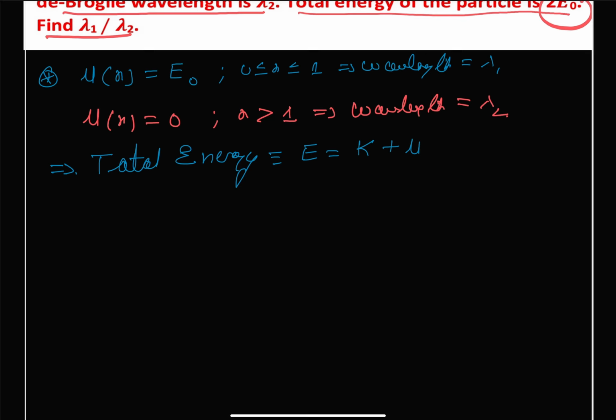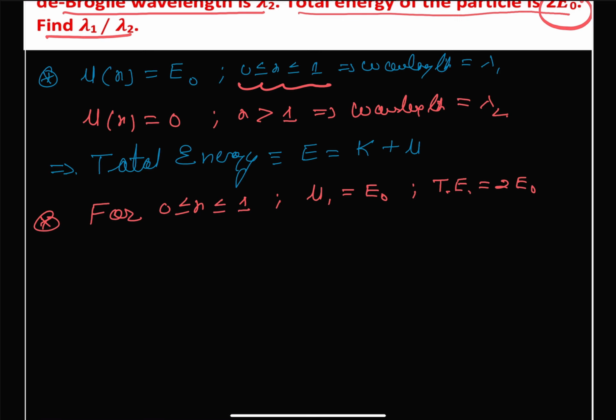So let us consider the first range: for x greater than or equal to 0 but less than or equal to 1, the potential energy, let us call that U1, is equal to E naught, and the total energy is given as twice E naught.